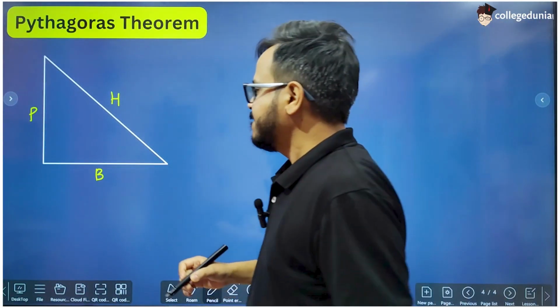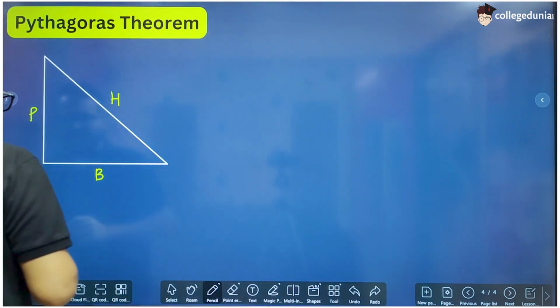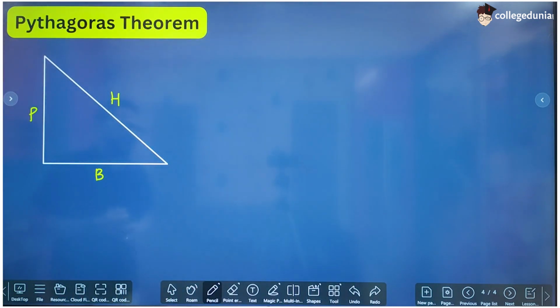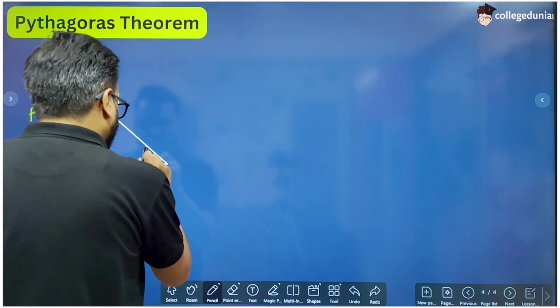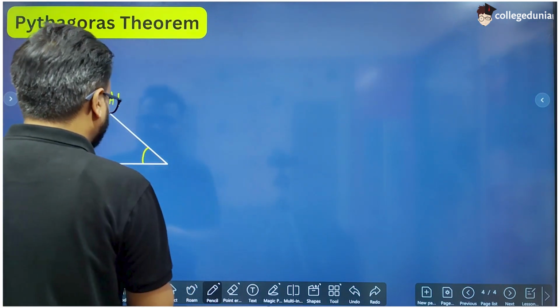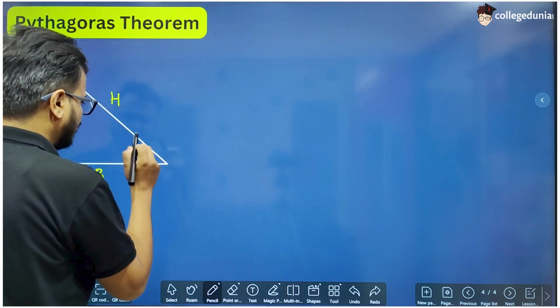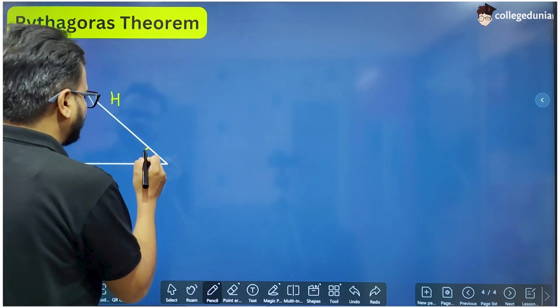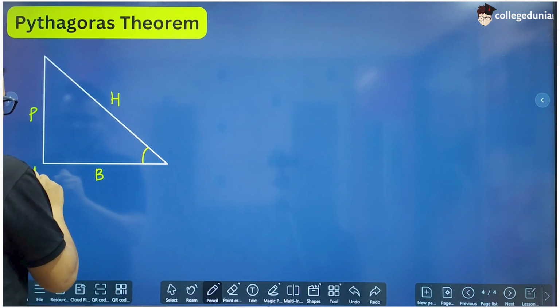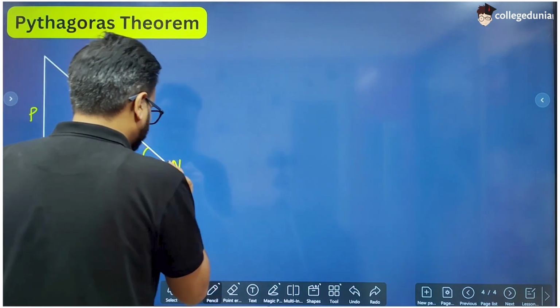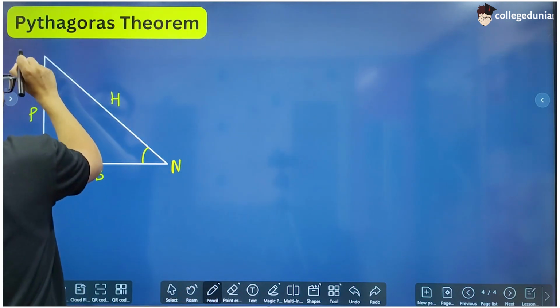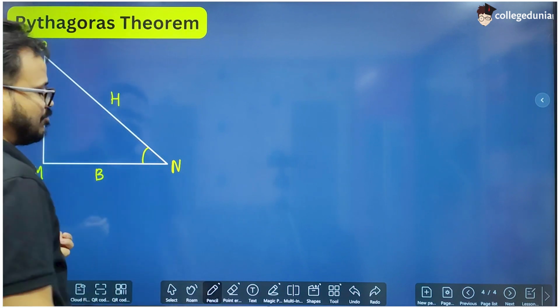If you don't know, let me tell you. Perpendicular and base are decided with reference to the angle about which we are considering right now. For example, let us say this triangle is MNQ.